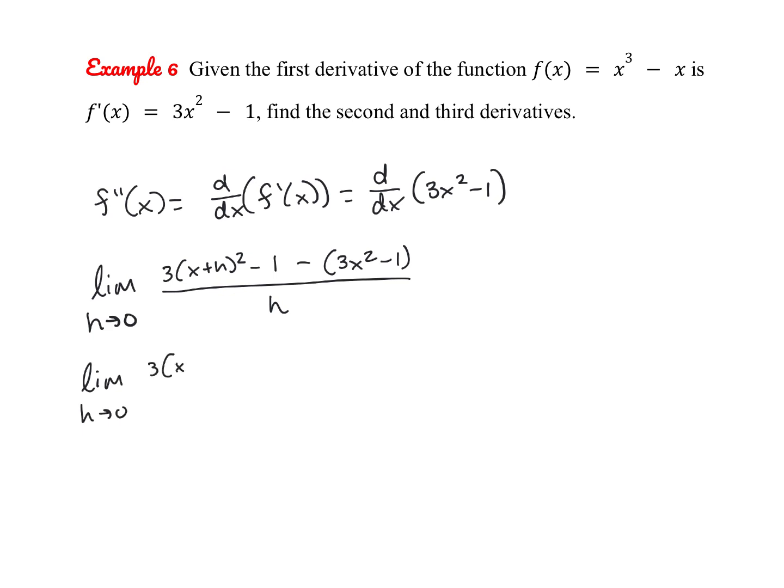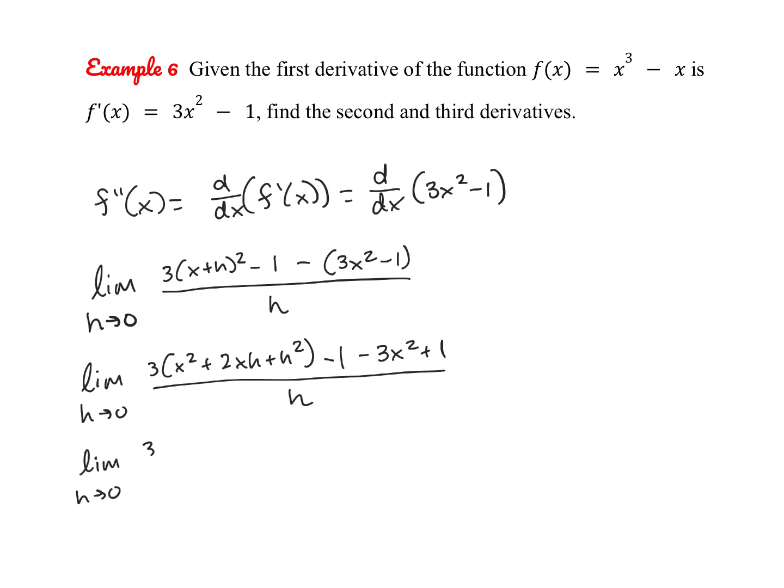So 3 times x squared plus 2xh plus h squared minus 1 minus 3x squared plus 1 all over h. So 3x squared plus 6xh plus 3h squared. And then you'll see we have the minus 1 plus 1. And we also have that 3x squared minus 3x squared.